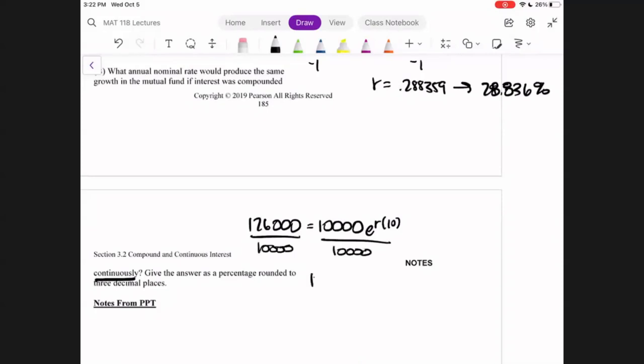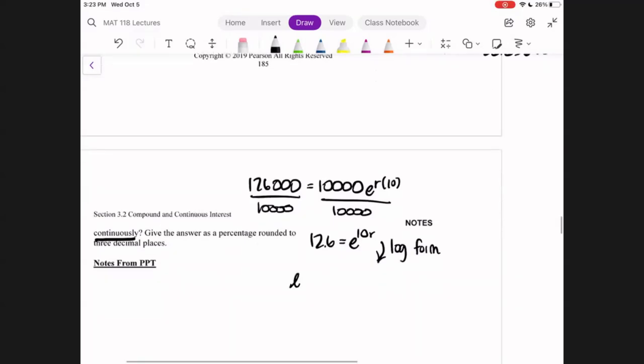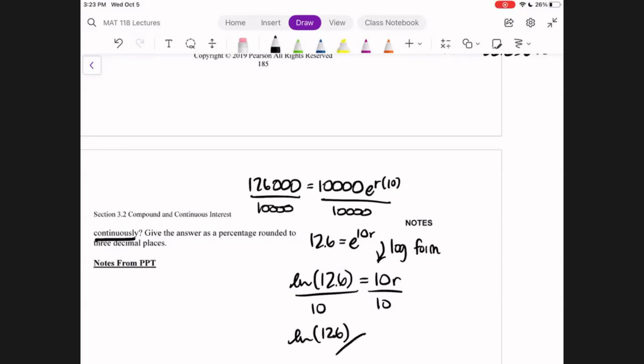So we get 12.6 equals e to the 10r. And then remember what we did before. We convert this to log form, okay? So the log form would be natural log of 12.6 equals 10r. And then we divide both sides by 10. Okay, so natural log of 12.6 divided by 10. And that would give you your r as a decimal, okay?